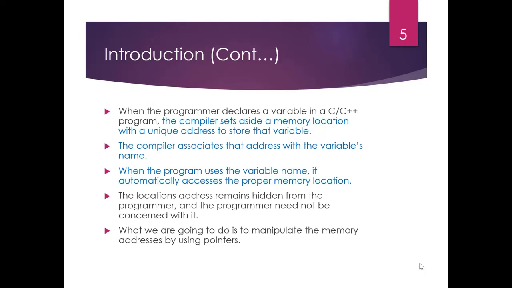When the program uses the variable name, for example, we keep a variable x of integer type, int x equal 5, what is the variable name? x is the variable name. It automatically accesses the proper memory location. The location's address remains hidden from the programmer, and the programmer need not be concerned with it.